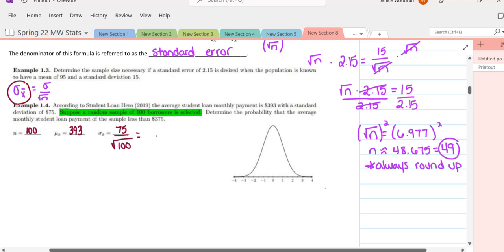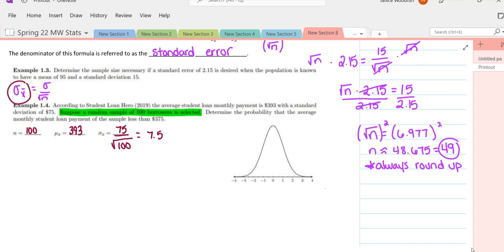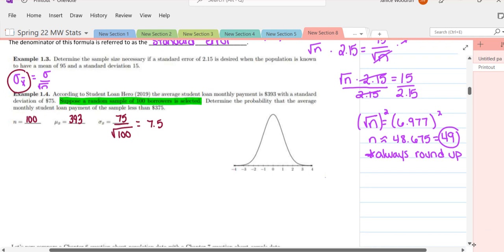So that's 75 over 10, so 7.5. Okay, and then you're going to find the probability that x is less than 375.